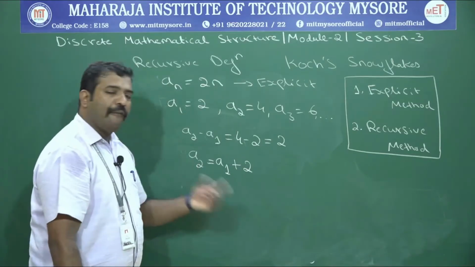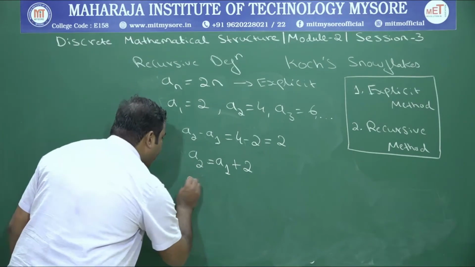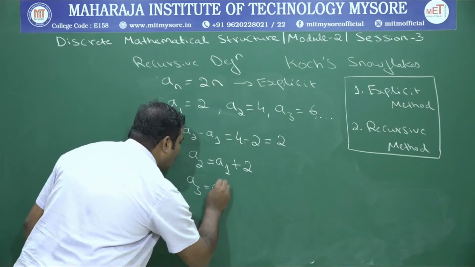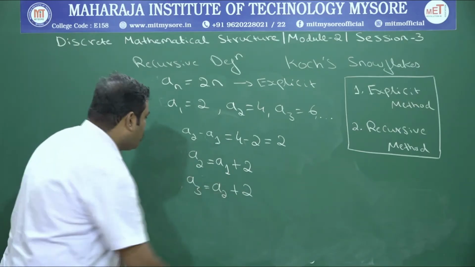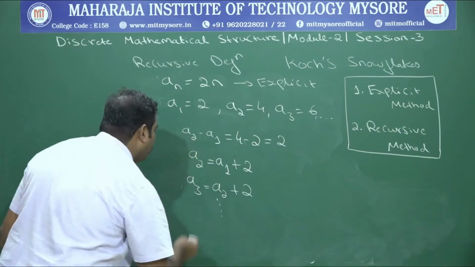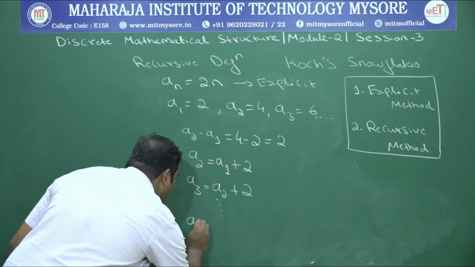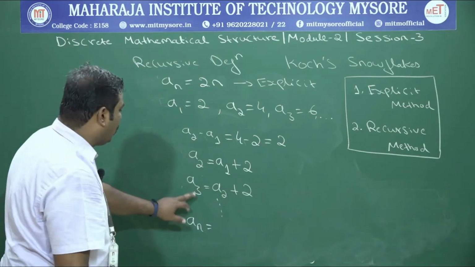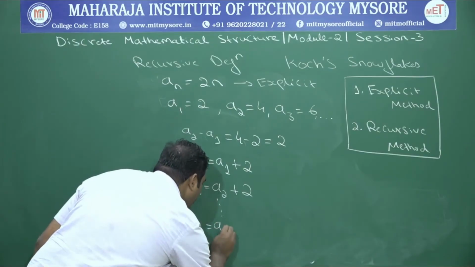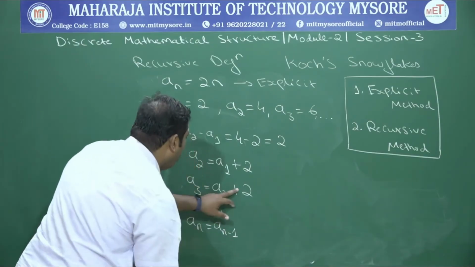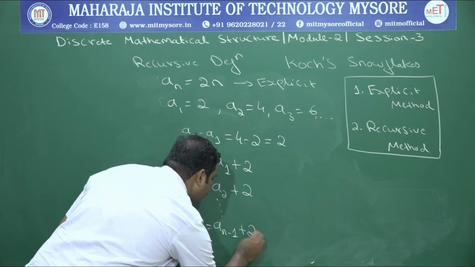Now for a3, a3 will be equivalent to a2 plus 2. If you want, you can check it out. Fine. Similarly, this will go on until an, which is equivalent to an minus 1 plus 2.